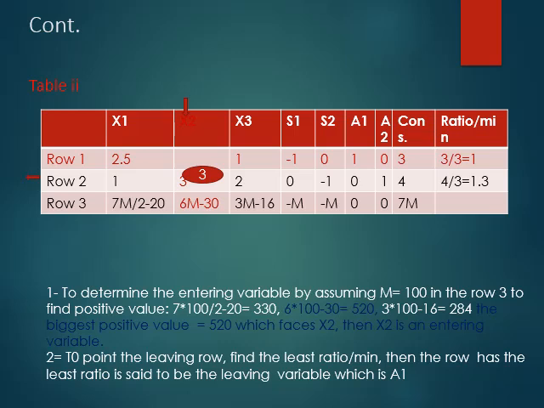3/3 equals 1, the minimum ratio, and 4/3 equals 1.3. So row 1 is said to be the leaving variable because it got the least ratio of division.